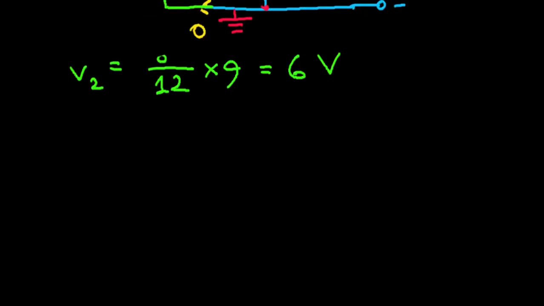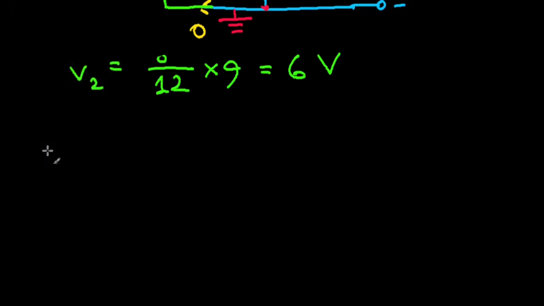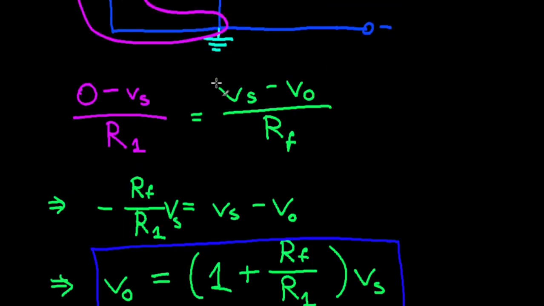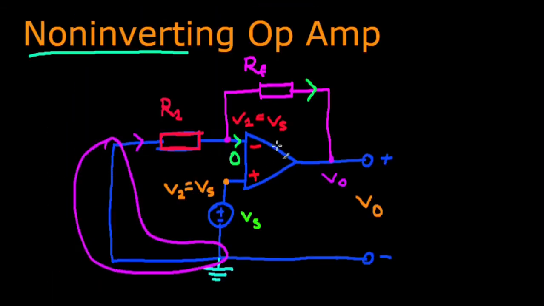So let's apply the formula. Let's find our output voltage, which is what we wanted. So the output voltage is going to be equal to, and I'd like to say here too that your Vs is just going to be the voltage at your non-inverting input.